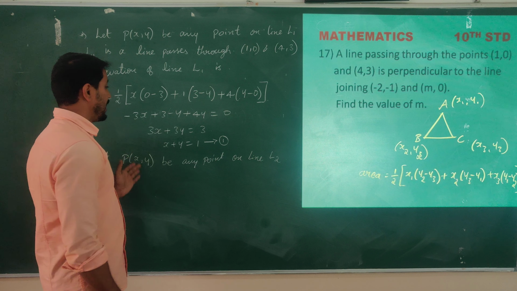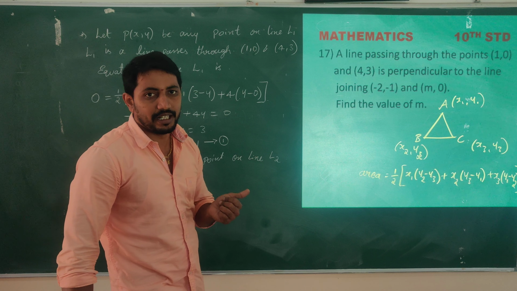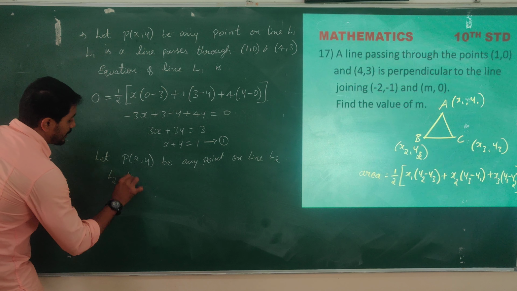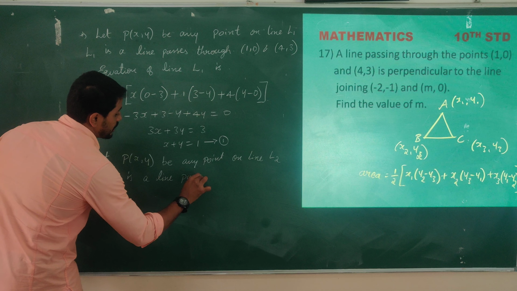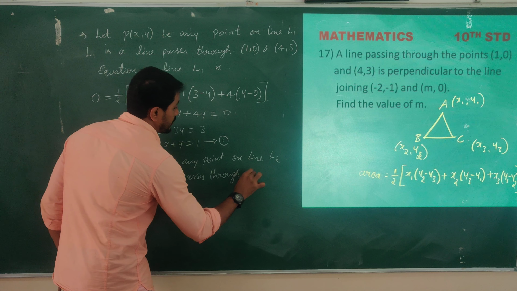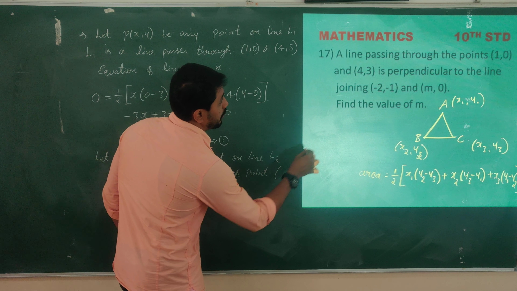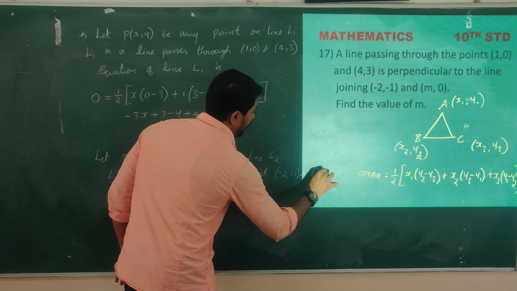Why I am considering the same point: I am going to obtain 2 line equations in the variables x and y. Next, L2 is a line that passes through the points (-2, -1) and (m, 0).